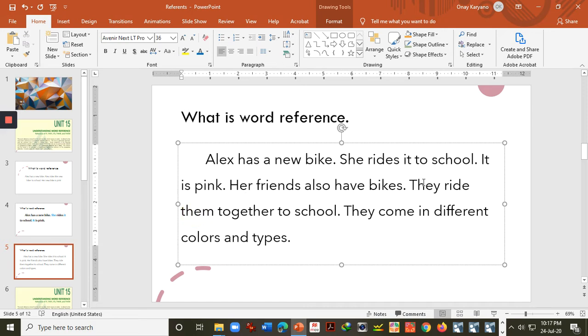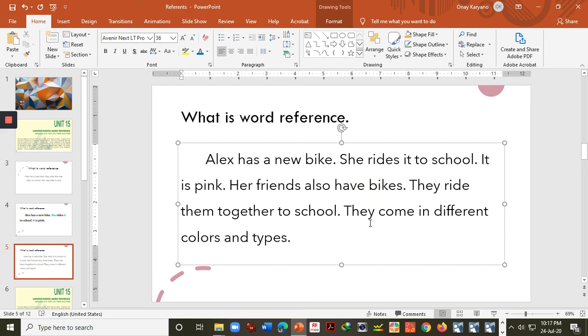Because the word they here refers to her friends. Why? Because it's her friends that ride them. And them here means their bikes.